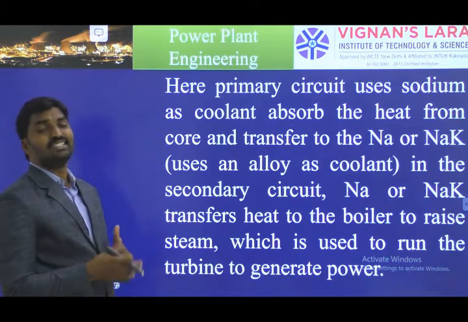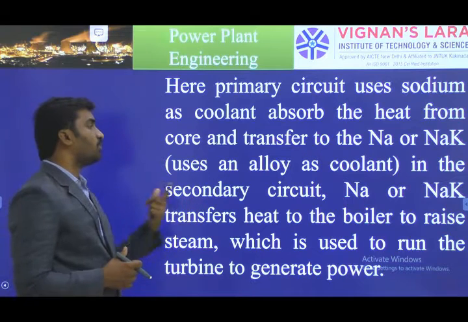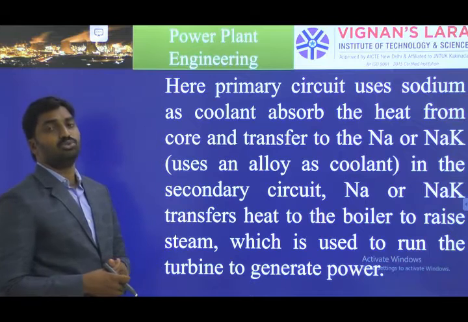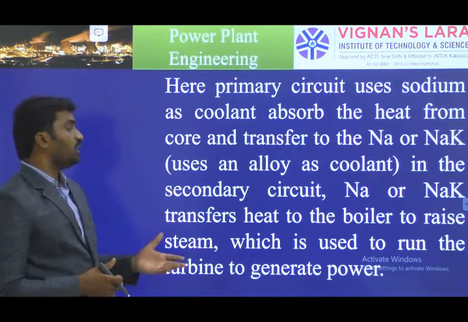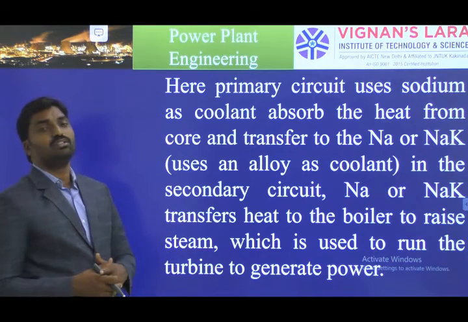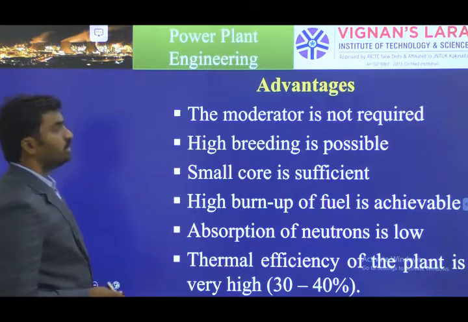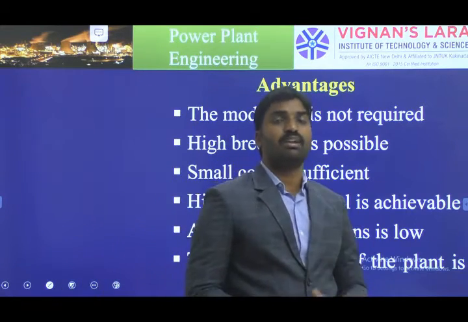In the secondary circuit, what happens? In the secondary circuit, sodium potassium transfers heat to the boiler to raise the steam. So only in the secondary circuit are we generating the steam, which is used to run the turbine. That is the working principle of a fast breeder reactor.